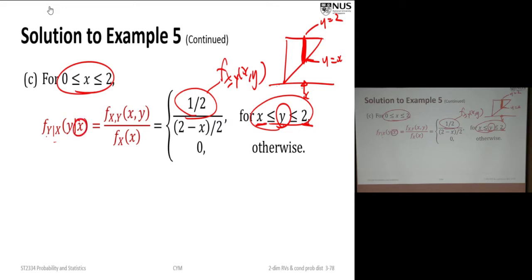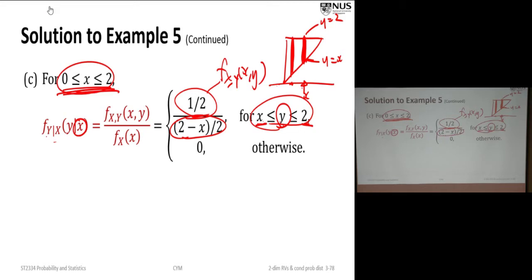For a given x, the joint distribution is only valid, equal to half, when y is between x and 2. So if x is here, it's still between x and 2. All right, so y has to be between x and 2. And this is the marginal of x. It's valid for x between 0 and 2.